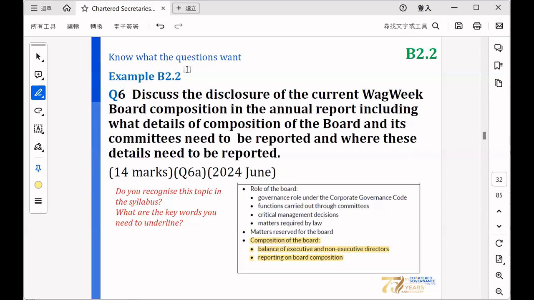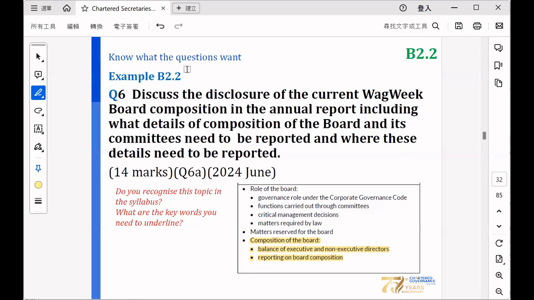Okay, for this question, you have to understand the reporting on board compositions, and that's a requirement under the company ordinance, that you need to disclose the directorship duty in the director's report.